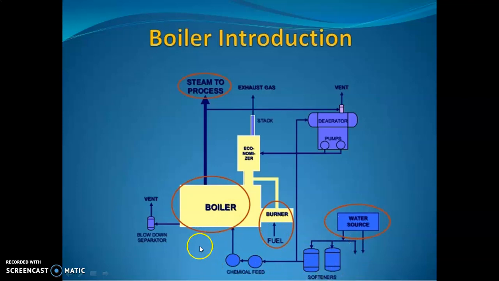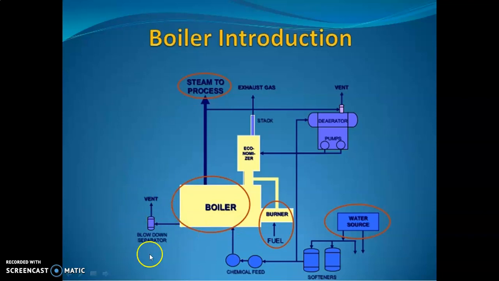In between, softeners and chemical feeds are there. Softeners are used to treat the water to reduce its hardness. Chemical feed is used to treat the water by adding some chemicals to make the water soft.